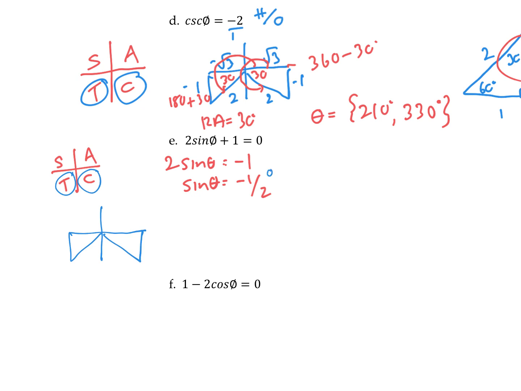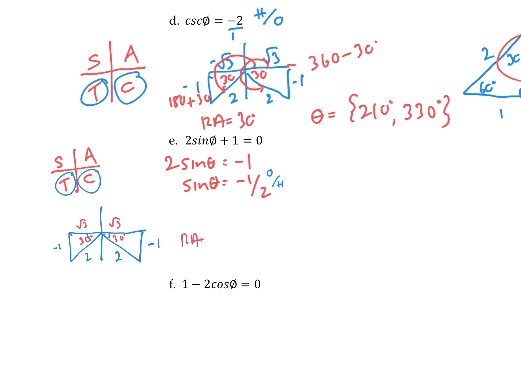Sine is opposite over hypotenuse, so opposite, this is my related angle, so opposite is negative 1, hypotenuse is 2. So what triangle does that look like? That looks like the 30-60, makes this root 3. So the related angle is going to be 30 because the 30 is always adjacent to the root 3.